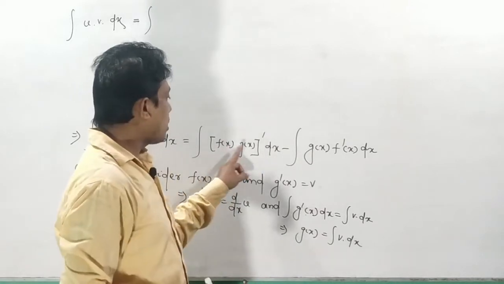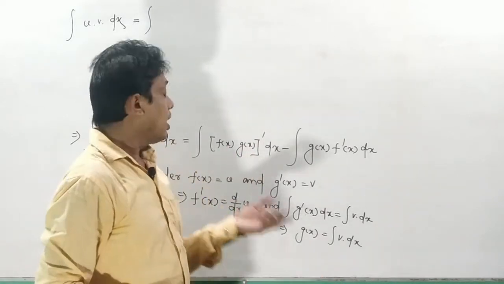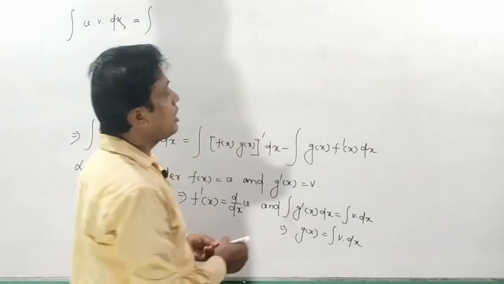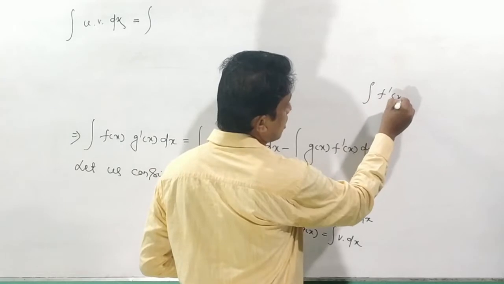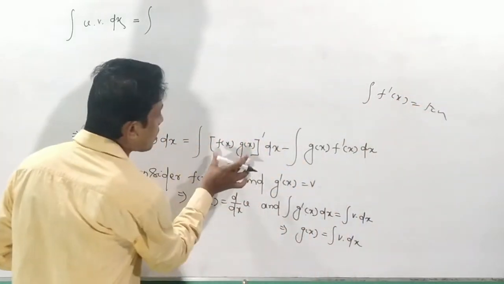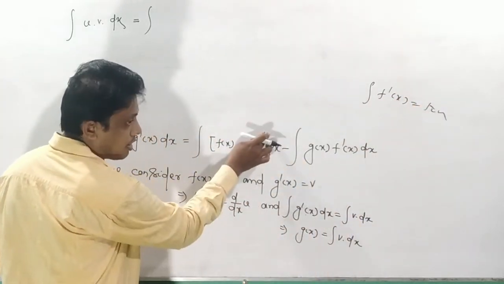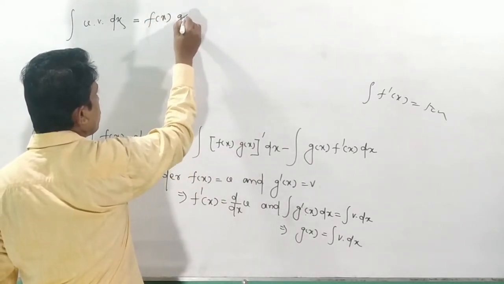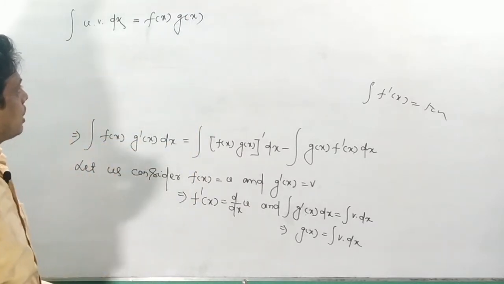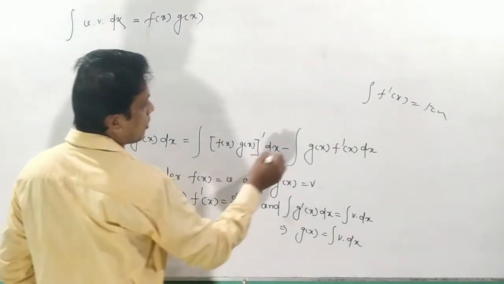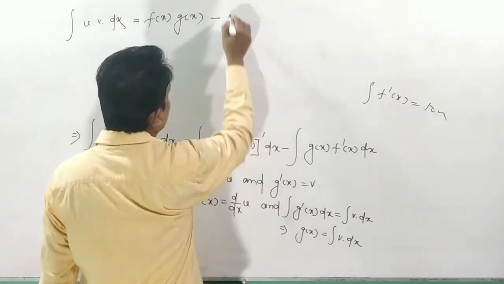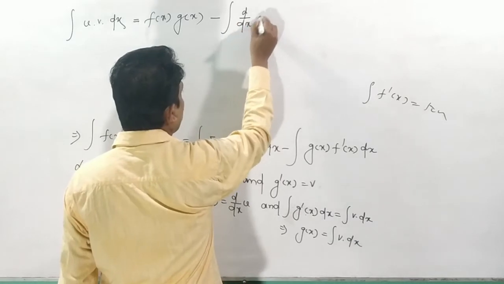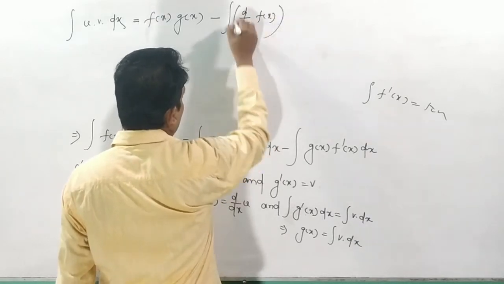If you take f(x) into g(x) as h(x), then the integration of its derivative is the function itself. So the integration of f(x) into g(x) whole dash is f(x) into g(x), minus the integration of f dash x, the derivative of f(x), into g(x).